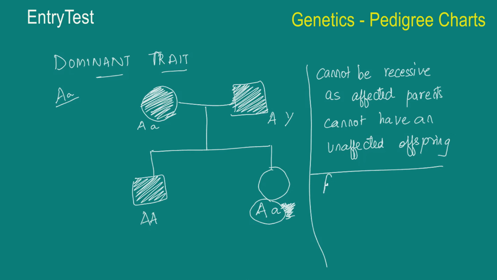Additionally, the parents must be heterozygous for the dominant trait. So in a pedigree chart, if you find any small subchart like this, understand that it is a dominant trait and the parents must be heterozygous.